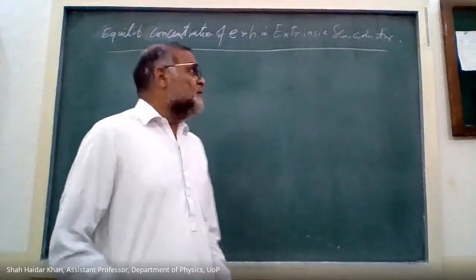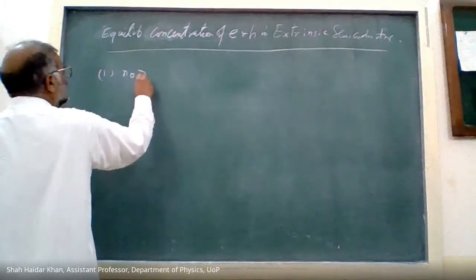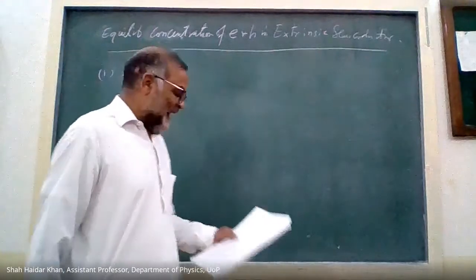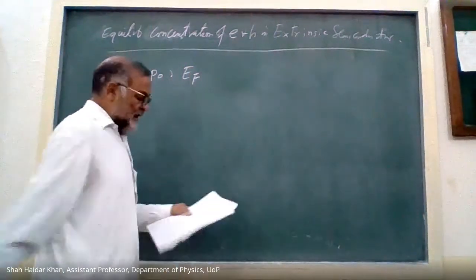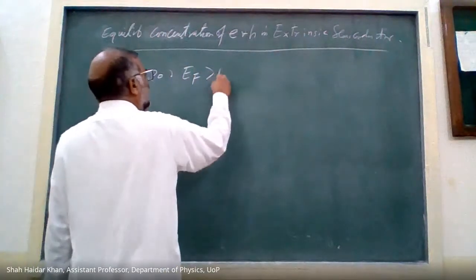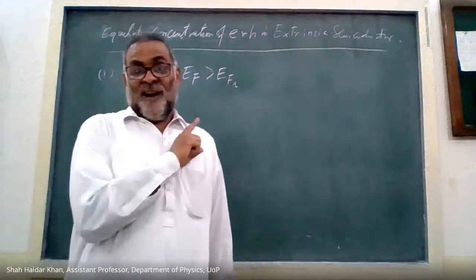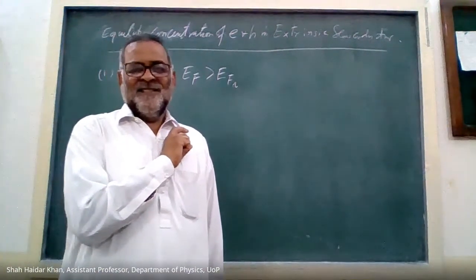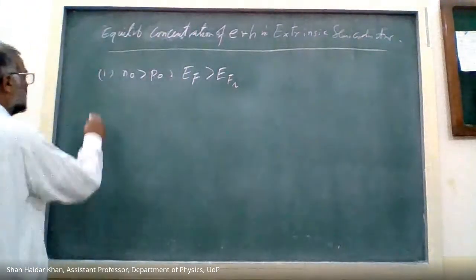So if n naught is greater than p naught, then EF, the Fermi energy in this situation, will be greater than EFi, the intrinsic level. So the Fermi energy will be higher than the intrinsic Fermi level.